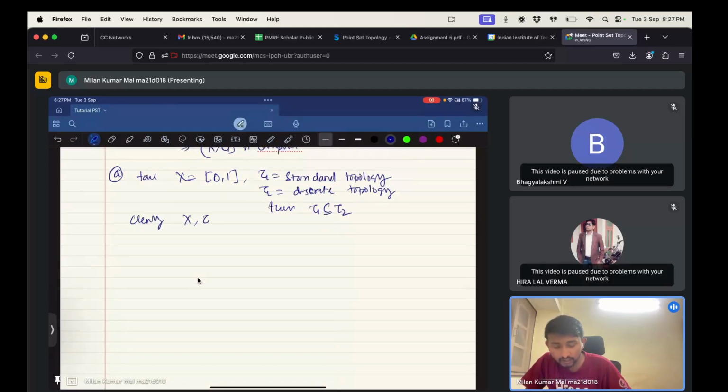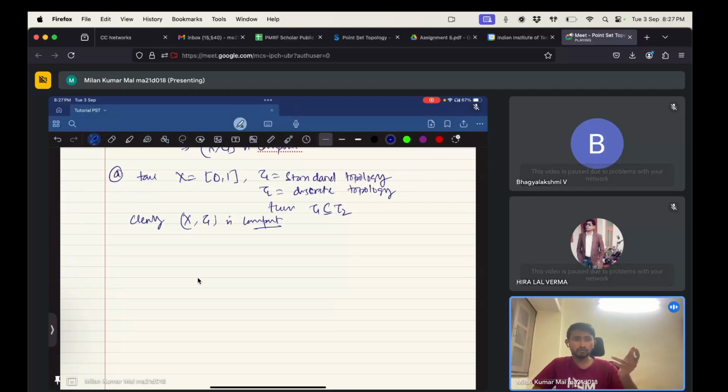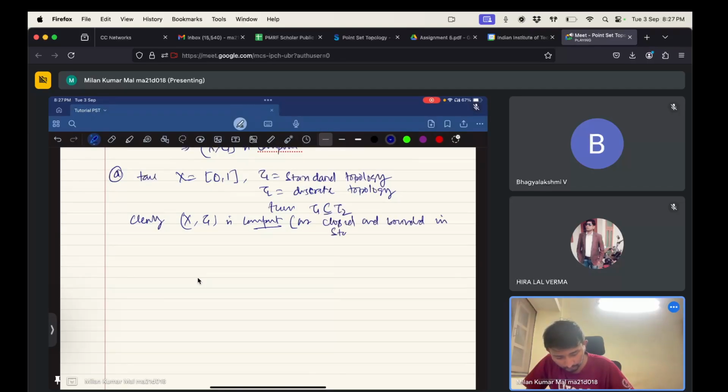Clearly (X, tau 1) is compact, because it is closed and bounded in the standard topology.